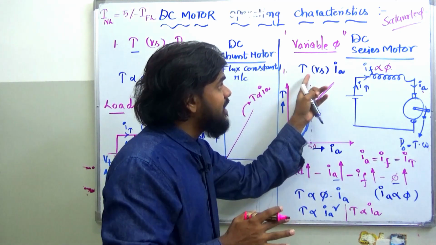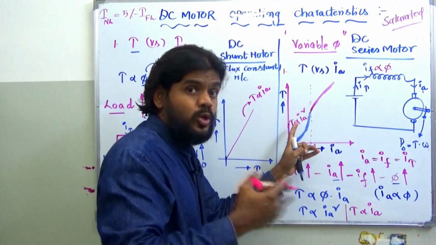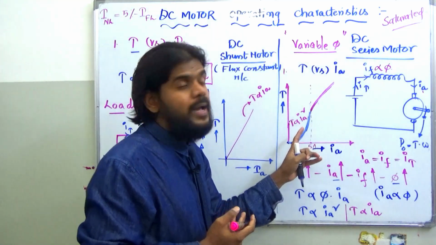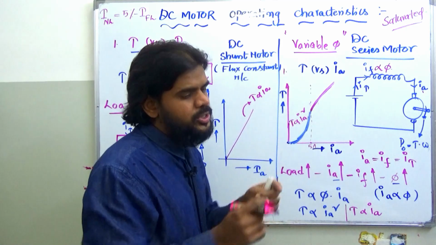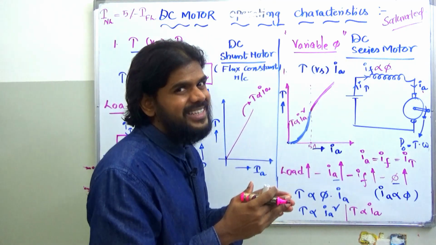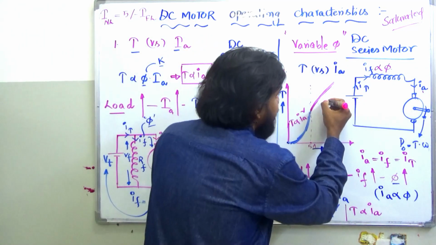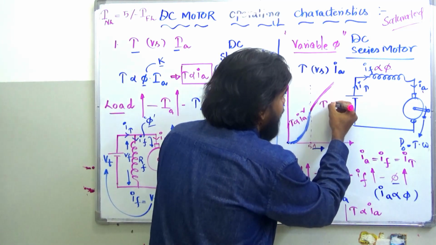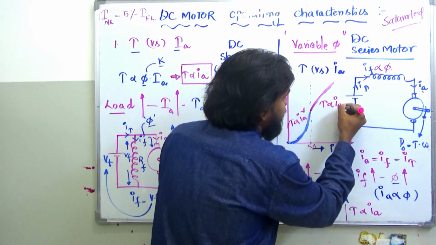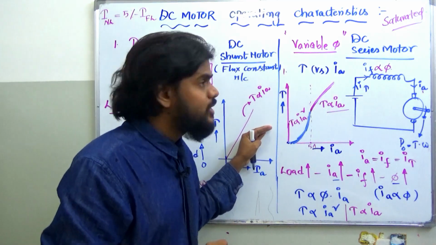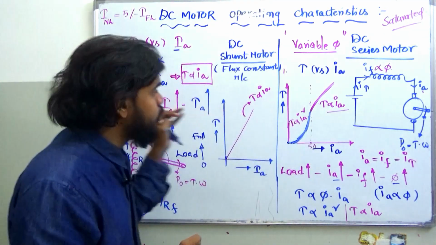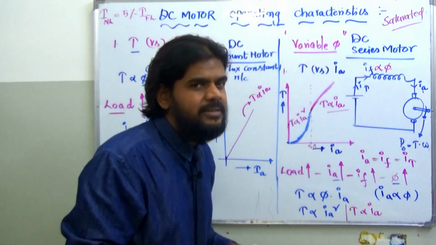But once the field gets saturated, once the saturation current point is exceeded, the motor will have linear characteristics for torque and Ia. So it will be like a shunt motor again altogether. I hope you are understanding me.